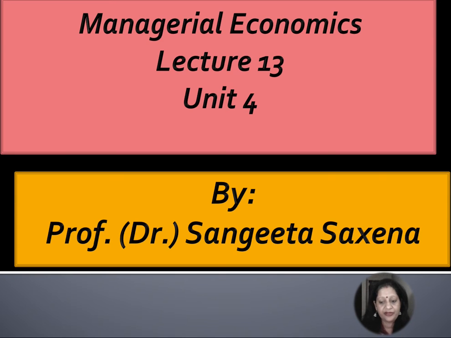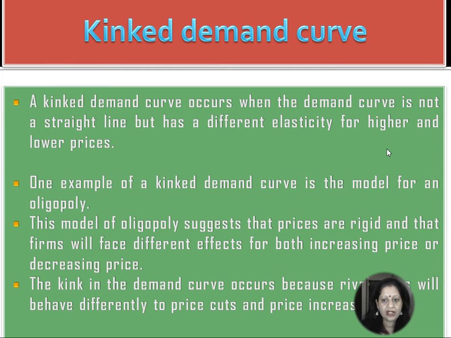In this session, I am going to have a detailed study of these two functions. The first is the kink demand curve. A kink demand curve occurs when the demand curve is not a straight line but has a different elasticity for higher and lower prices.